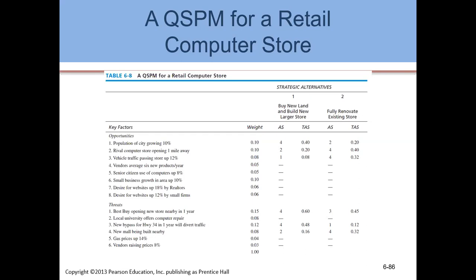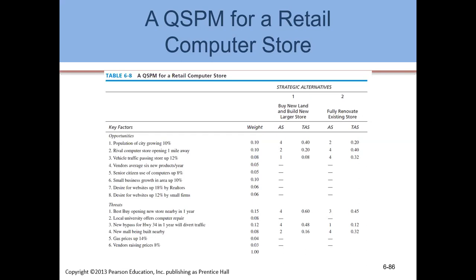Whereas fully renovate existing store has an attractiveness of 2, which means it is not that attractive as compared to building a new larger store. Multiplying 4 with 0.10 and 2 with 0.10, you get the TAS of 0.40 and 0.20.